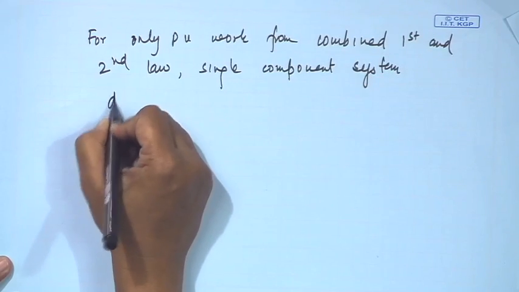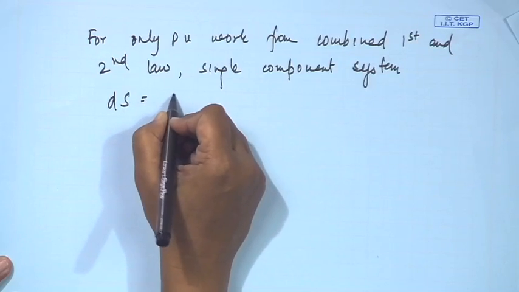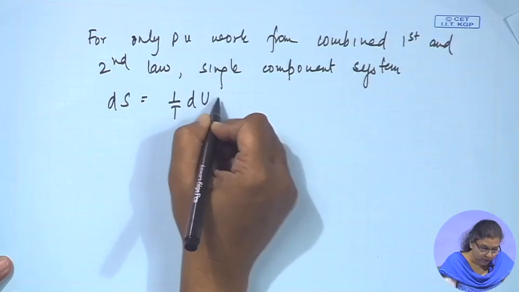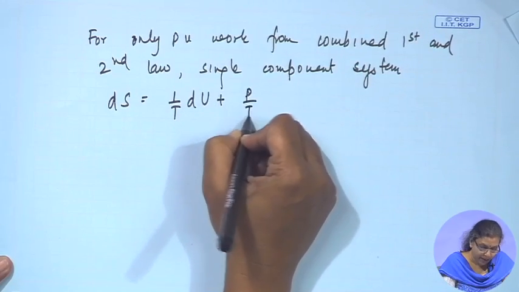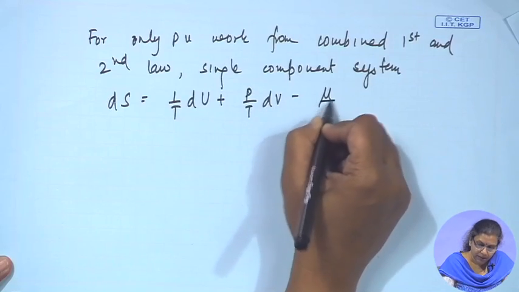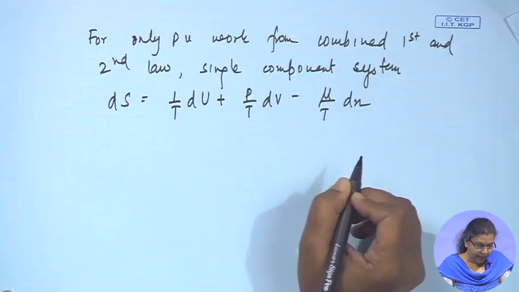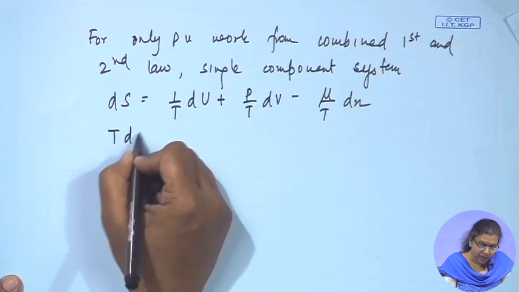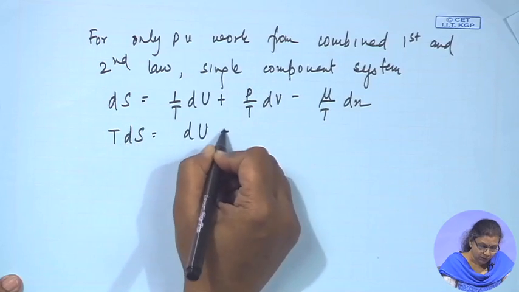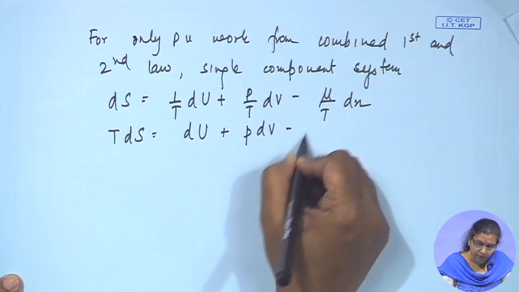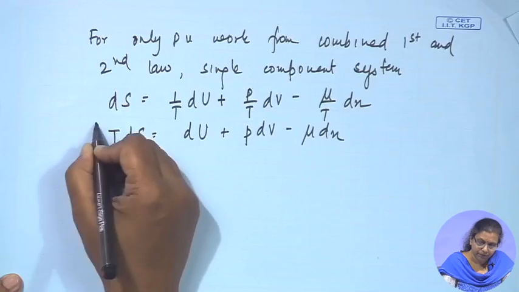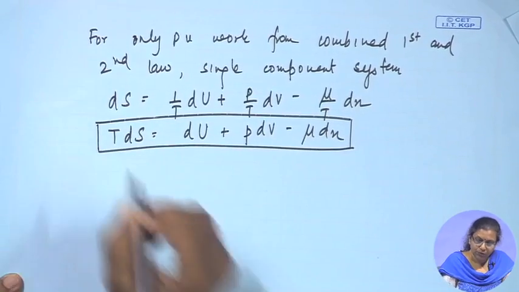We get dS is nothing but equal to 1 by T dU plus P by T dV minus mu by T dN, or in other words T dS equals dU plus P dV minus mu dN. So, this is the equation which we derived.